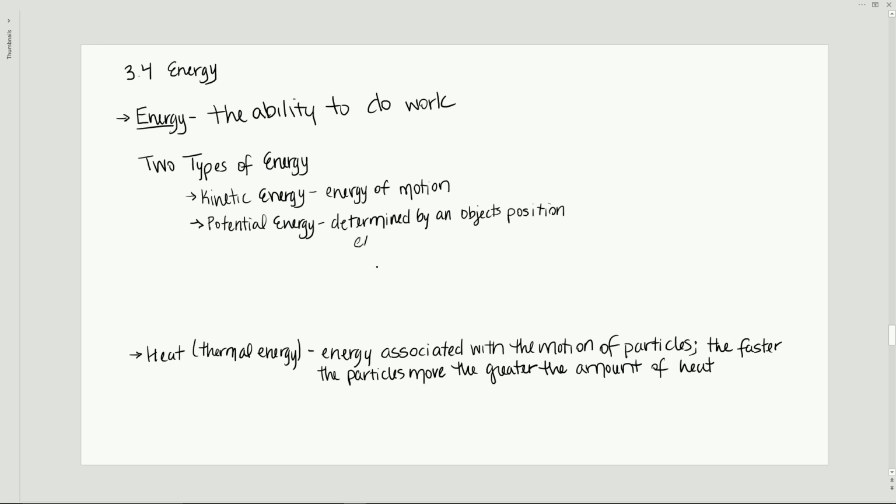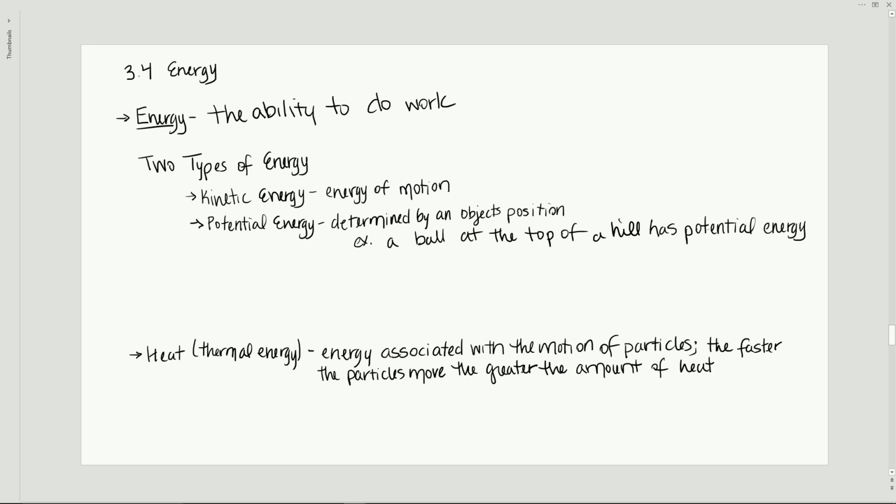So for example, a ball at the top of a hill has potential energy. Because it's just sitting at the top of the hill, it can roll down at any time.